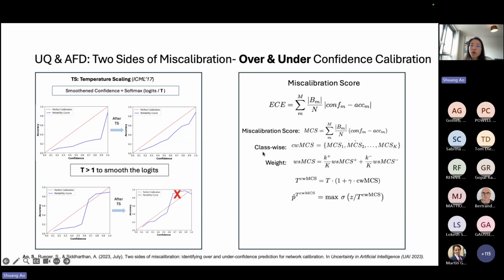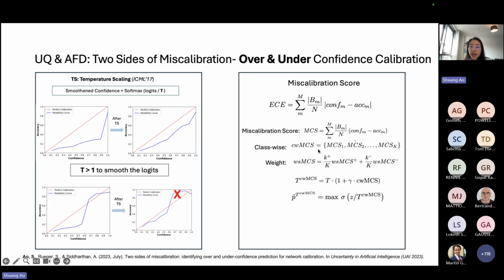So this is our proposed method. We call it the miscalibration score. And this is the ECE equation. It uses the absolute value of the gap between the confidence and accuracy in each bin. But then how do we see the real situation, because you only see this absolute value? So we remove the absolute value, and then the miscalibration score in each bin can be plus or minus.